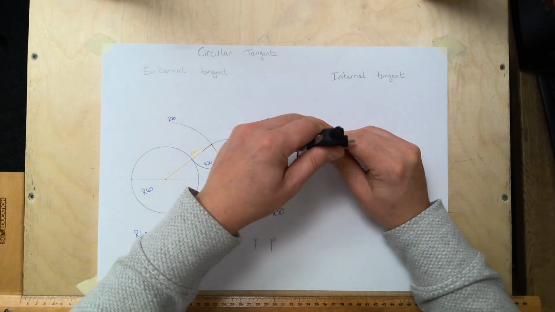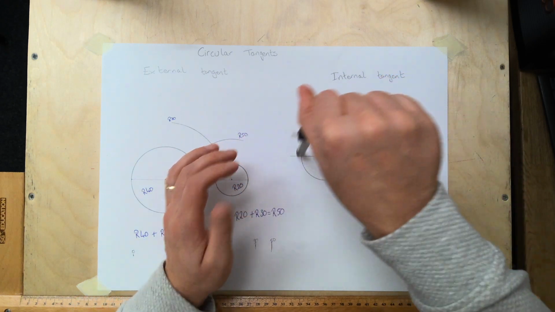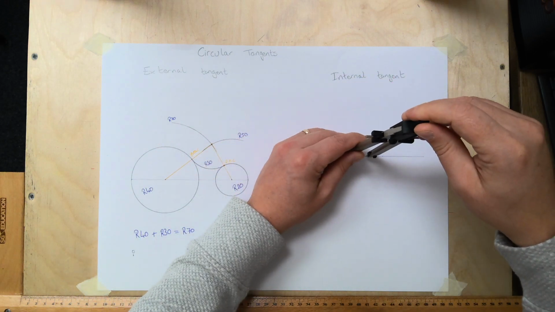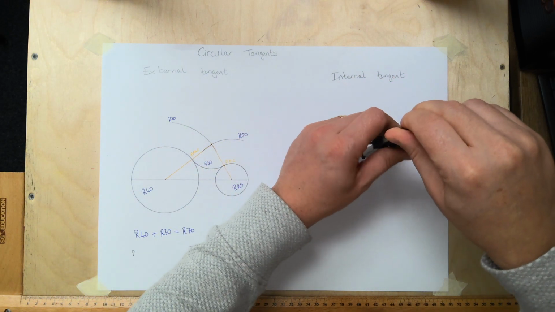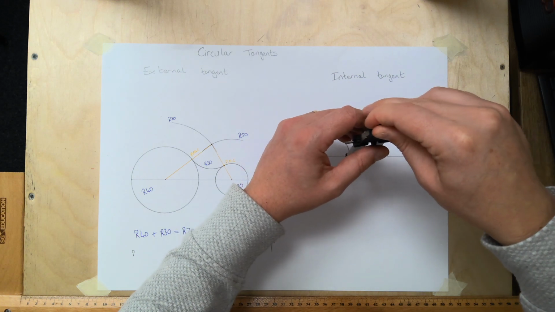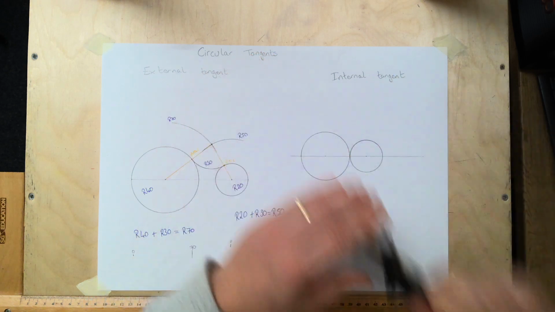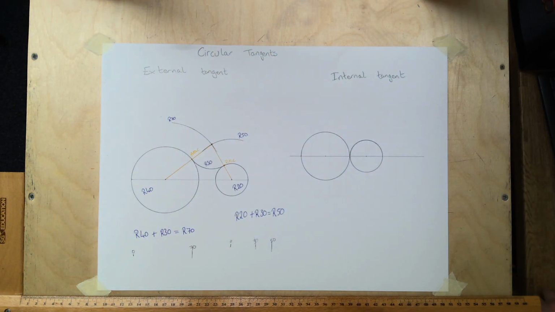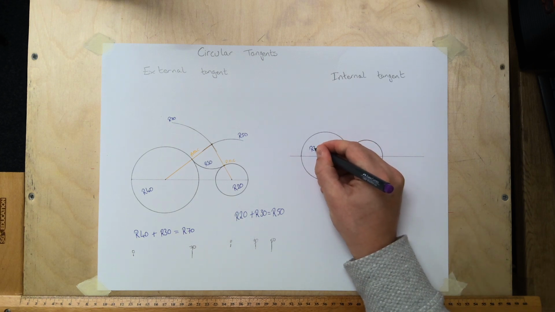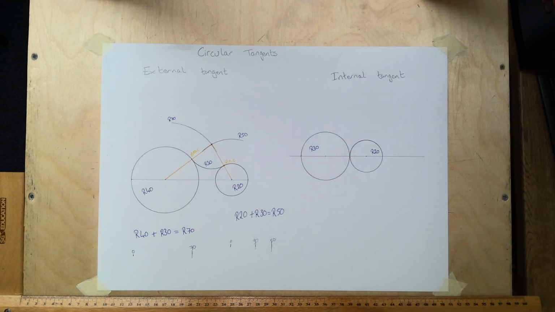So there's my center point, stretch it out to my 30, swing an arc, get my radius 20, there's my radius 20. Okay, so I'm just going to write them in there. So that is radius 30, radius 20.